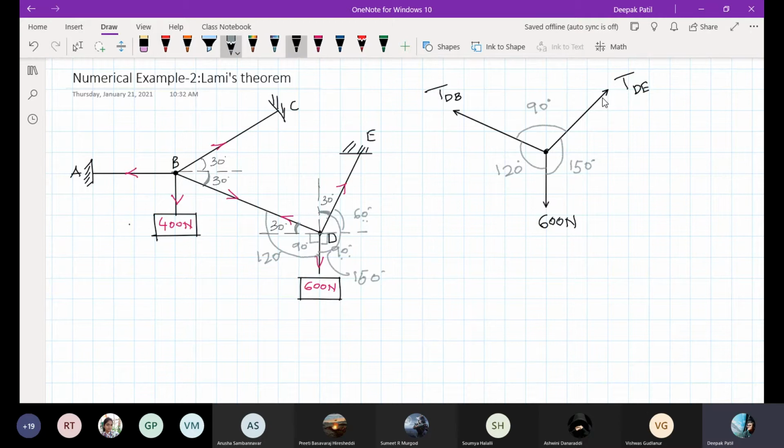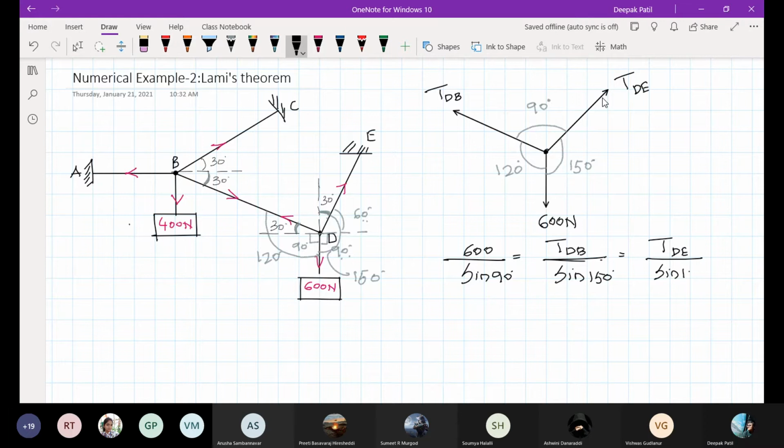So I can apply Lami's theorem directly. 600 divided by sine of 90 is equal to TDB divided by sine of 150, is equal to TDE divided by sine of 120 degrees.